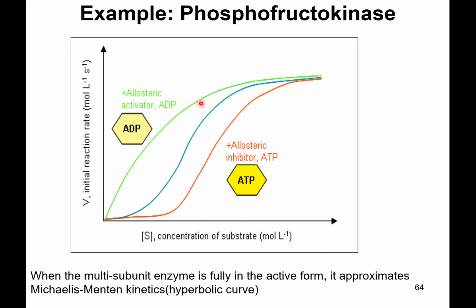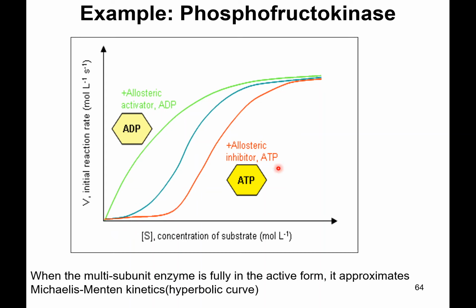And an actual example of this is phosphofructokinase, which is an enzyme involved in glycolysis. Here, this curve in the blue is without any effectors, and you notice that it looks pretty sigmoidal, so you can kind of tell there's probably some allosteric regulation going on here. When we have our inhibitor present, the curve looks like the curve here in the red.